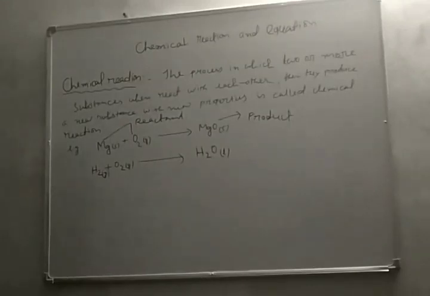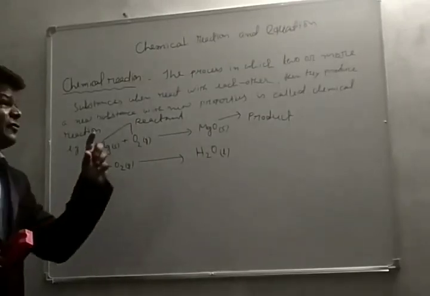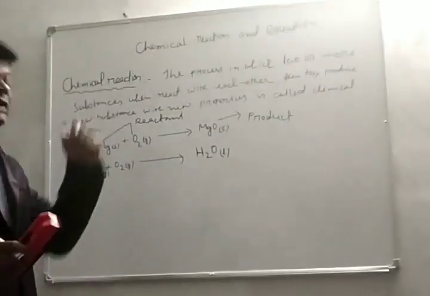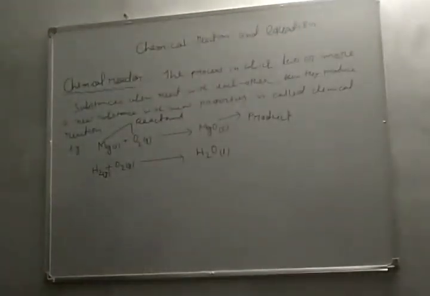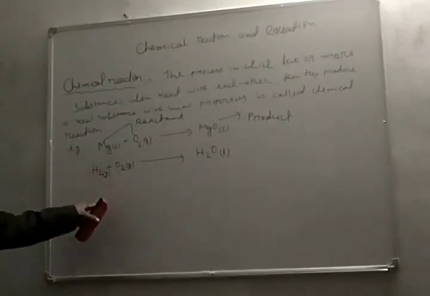By using this type of general physical method, we cannot bring it back. But by using some particular process, we can get it back. That means we can reverse it back to its original form.